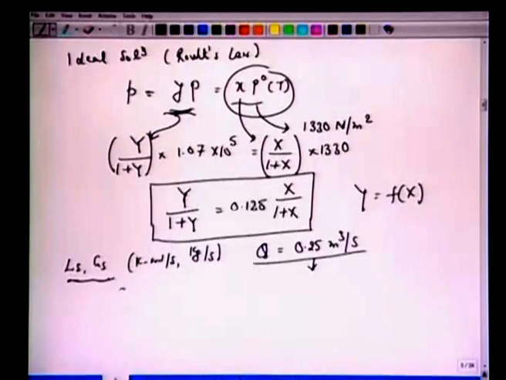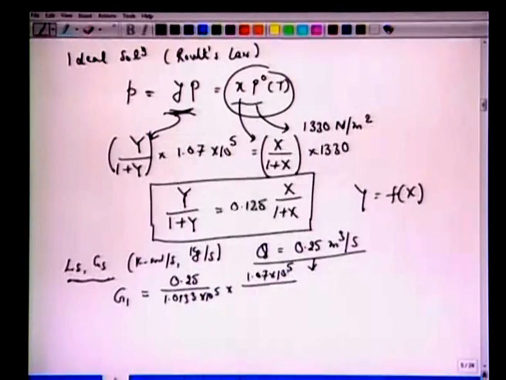So we have G1, 1 signifies the inlet conditions, 0.25 cubic meter per second. You are applying the very simple ideal gas law. There are the pressure corrections, 1.0133 10 to the power 5 over 1.07 10 to the power 5. So this is the pressure correction to calculate at normal temperature and pressure.